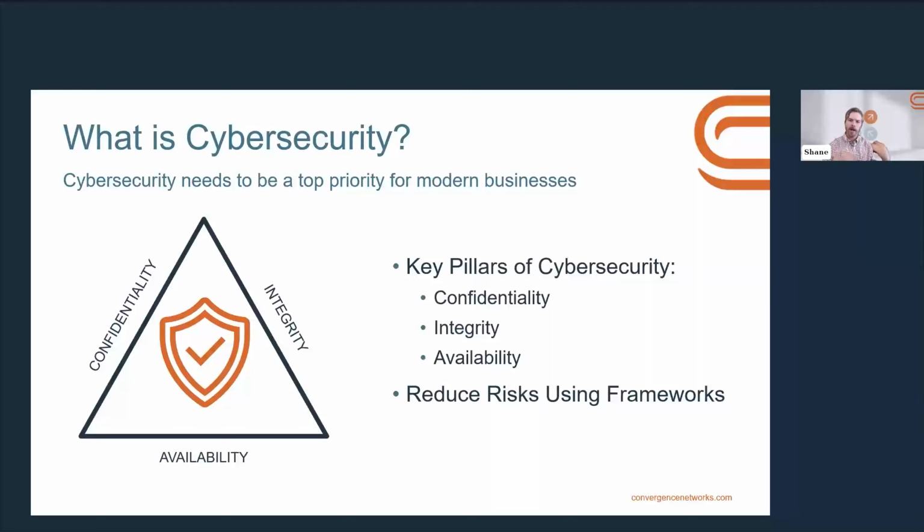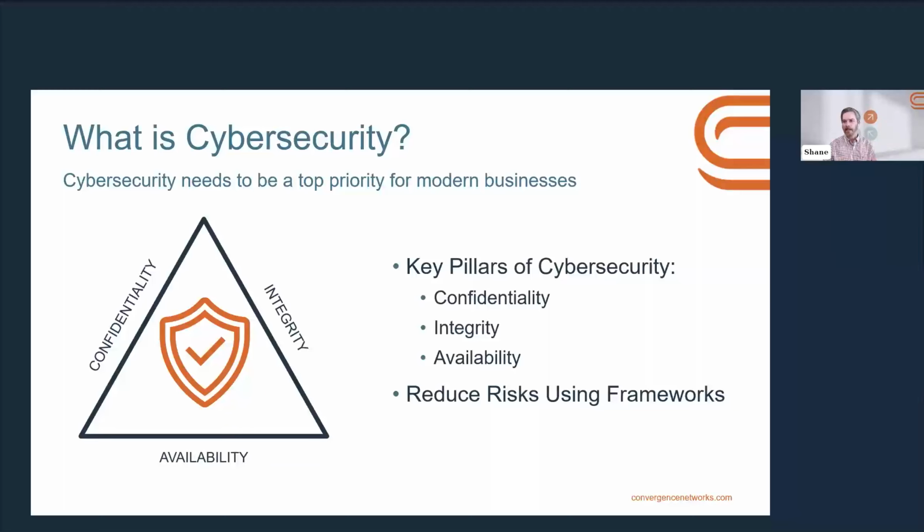If you want to build a strong security program that supports those key pillars, rather than taking a random cherry-picking approach that can leave you with gaps, a more effective way to manage your cybersecurity risks is by using recognized frameworks, which are proven blueprints for establishing security best practices.